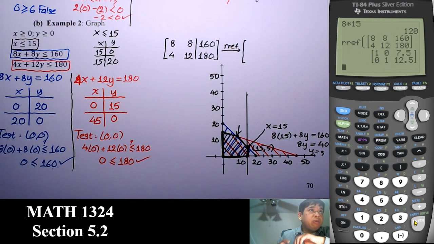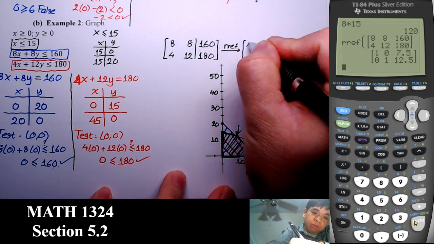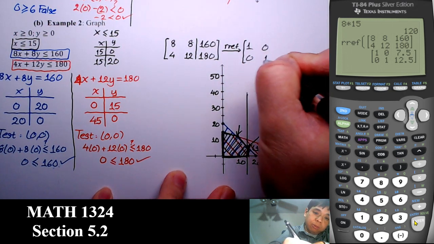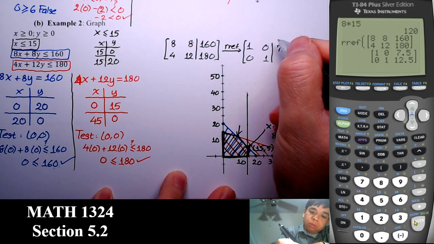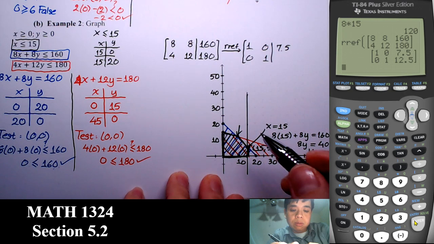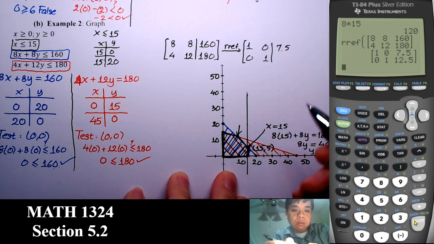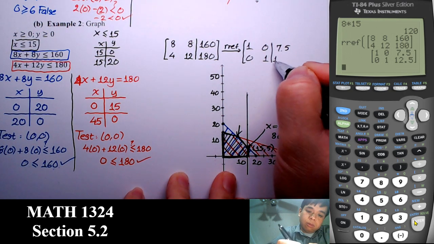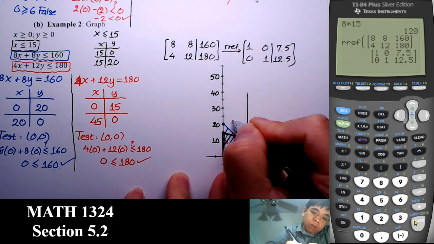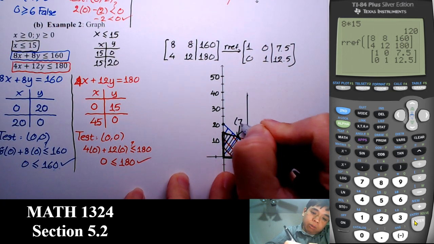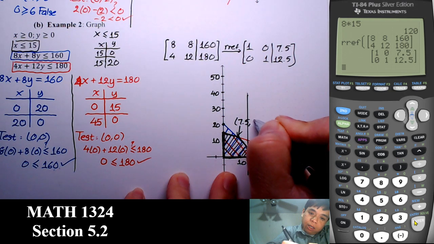Right, we have 7.5 and 12.5. This point is 7.5 and 12.5.